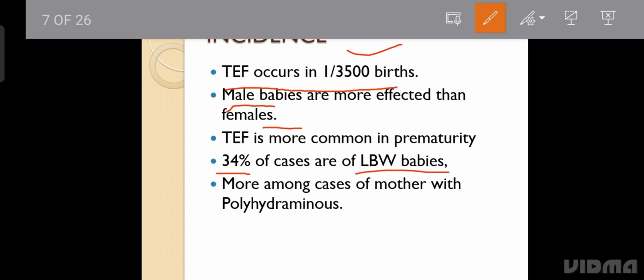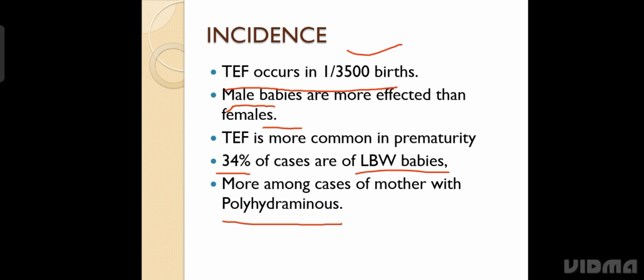Premature and low birth weight babies are more prone to get this TEF. Also, in mothers with a history of polyhydramnios, the baby can have this kind of condition. So what is polyhydramnios? Polyhydramnios is the abnormal increase in amniotic fluid.